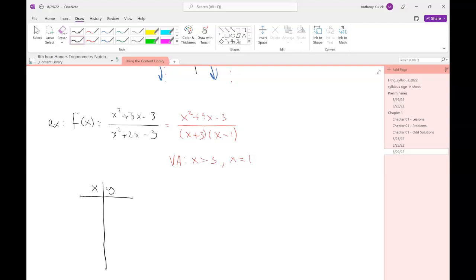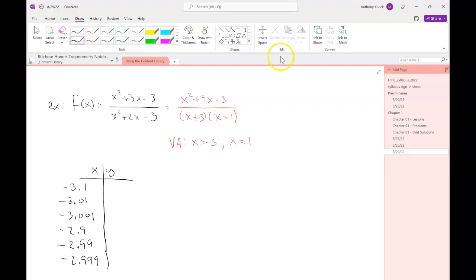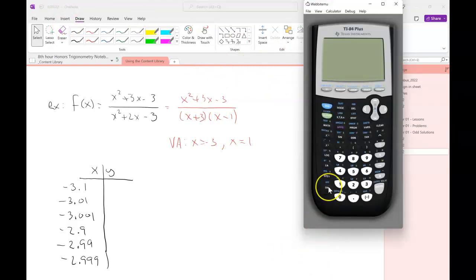I could look at a table of values that were a little bit less than negative 3, and then a table of values that were a little bit bigger than negative 3, and look at what's happening with the y coordinate and see if it's approaching a specific value or if it's diverging off towards infinity or negative infinity. Everybody's okay with that?